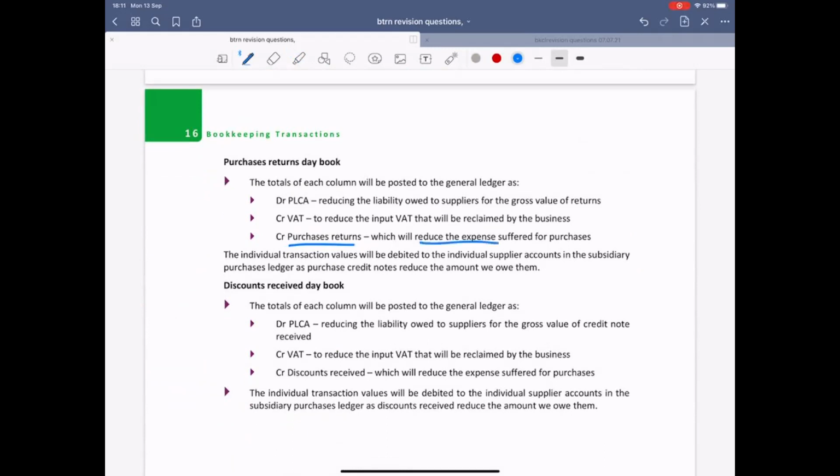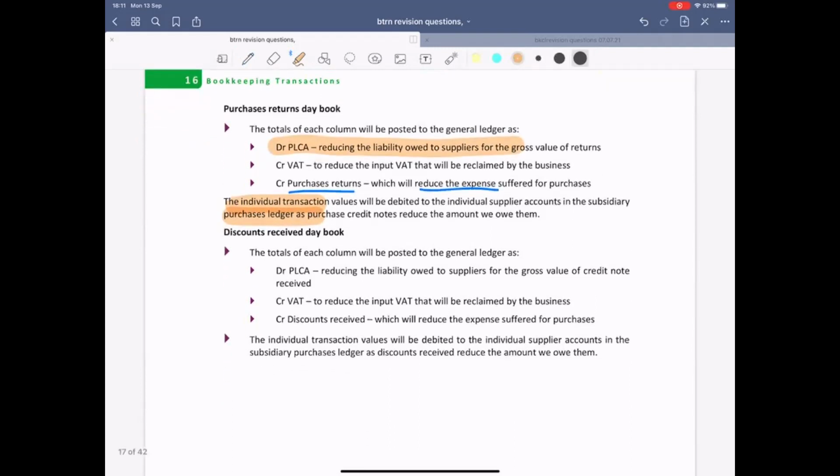This helps to reduce that expense in terms of our purchases. And therefore, we've recorded all of our transactions. Whatever we do in our control account, we'll do the same in our individual purchase ledger account to show the reduction in the actual supplier amount that we owe them. So we'll update the main ledgers and therefore then go in and update the subsidiaries.